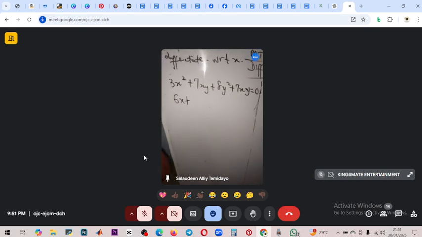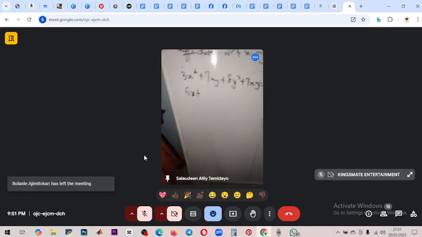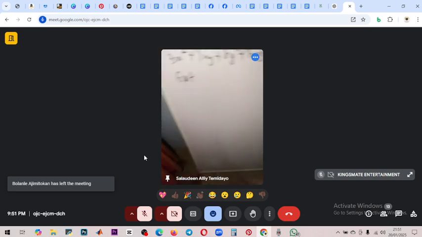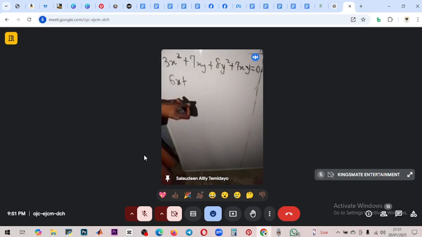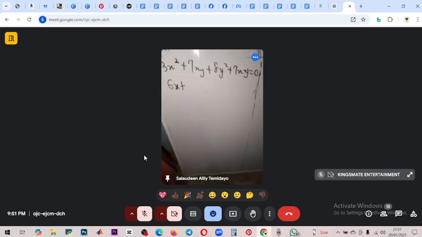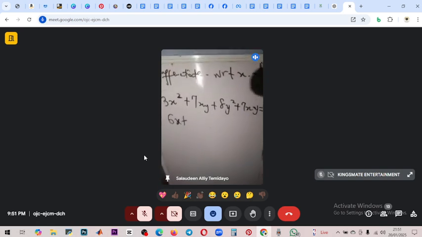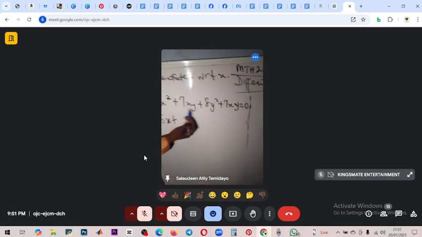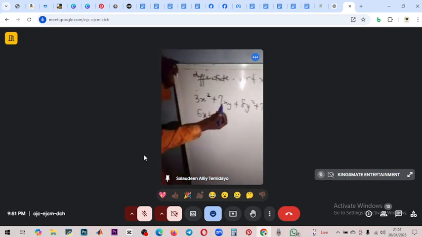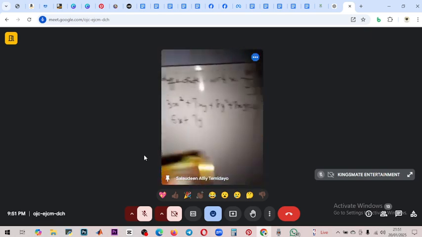Plus, now we want to differentiate 7xy. First, we keep y a constant. Treat y as if it is just a number. The second, we treat x as if it is just a number. Treating y as a number, the derivative of 7xy is going to be 7y.